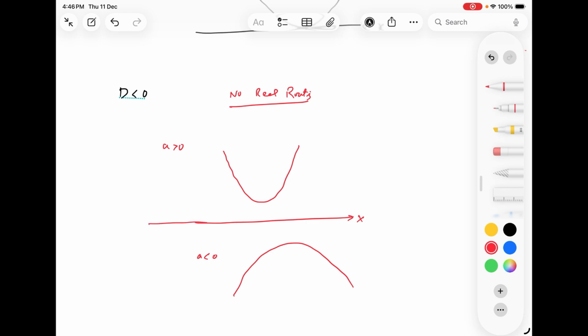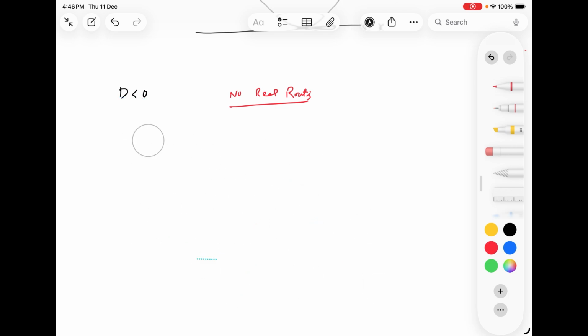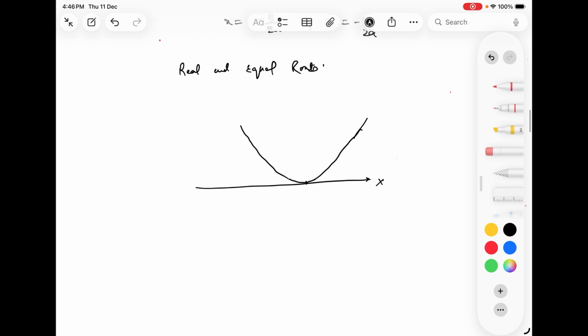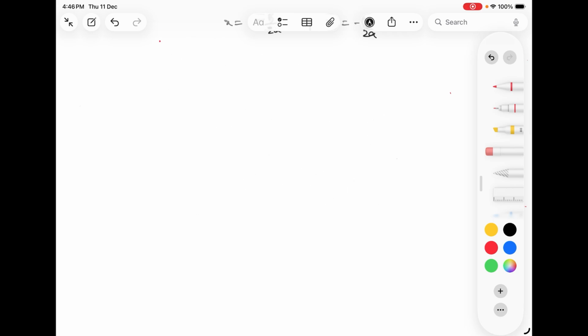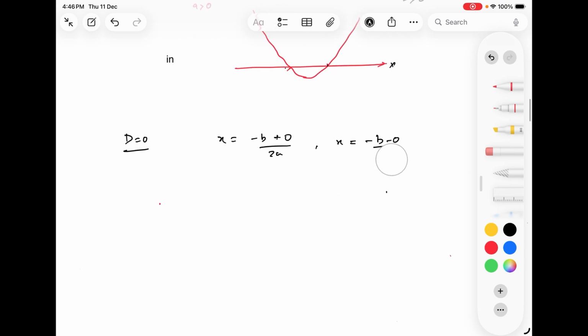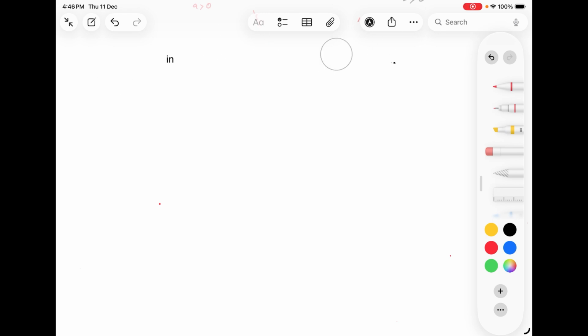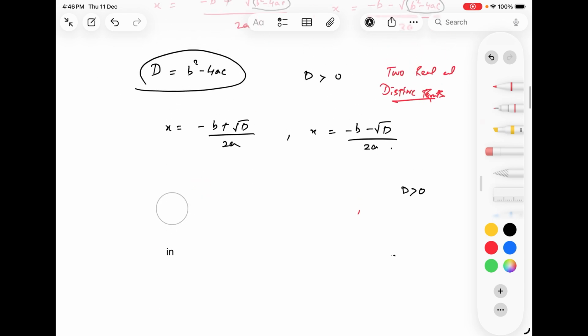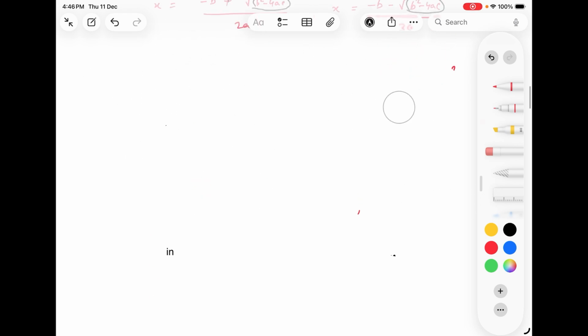It does not touch the x-axis at all. There is no real root, right? One thing more. So this is clear that when d is positive, negative, or equal to 0, what happens to the nature of the roots. So this point is clear.